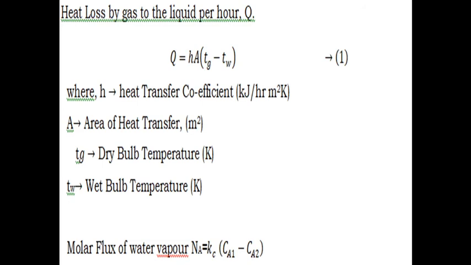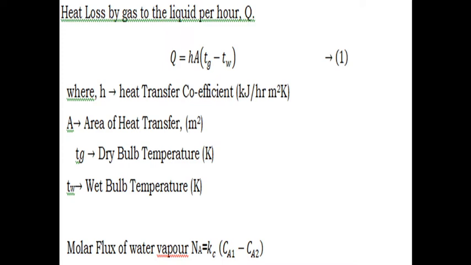Heat loss by gas to the liquid per hour has the notation capital Q. Q is directly proportional to the temperature difference. Removing the proportionality, we add a constant, the heat transfer coefficient, small h. This is Newton's law of cooling.